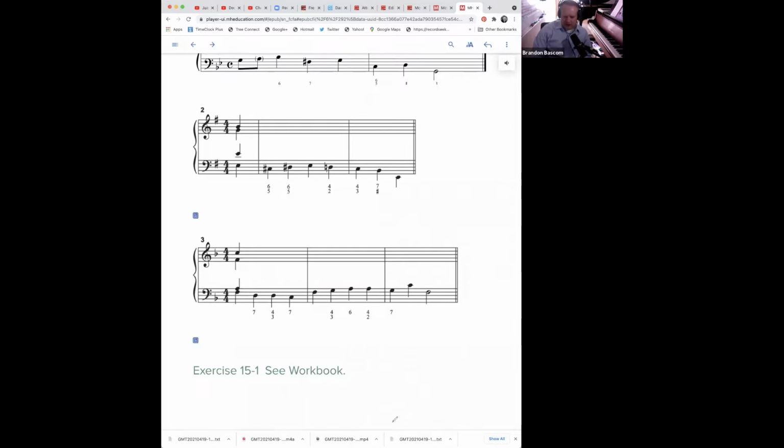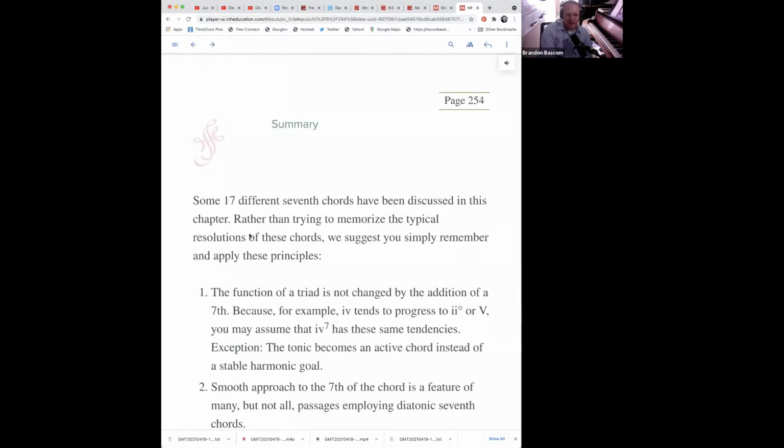So we finished the self-test, but we did not go over the summary. Some 17 different 7th chords have been discussed in this chapter. Rather than trying to memorize the typical resolutions of these chords, we suggest you simply remember and apply these principles.